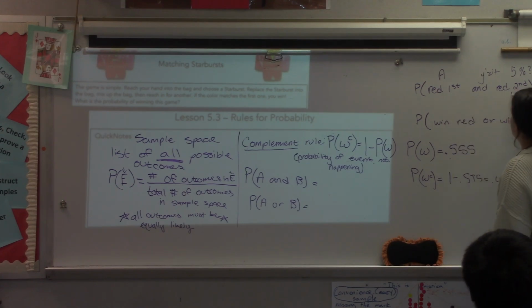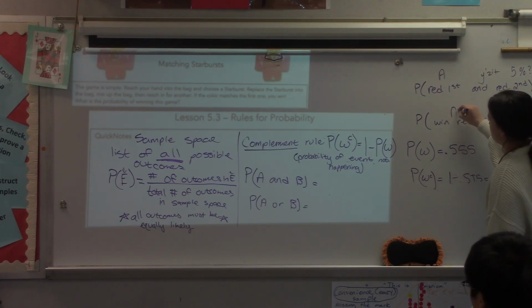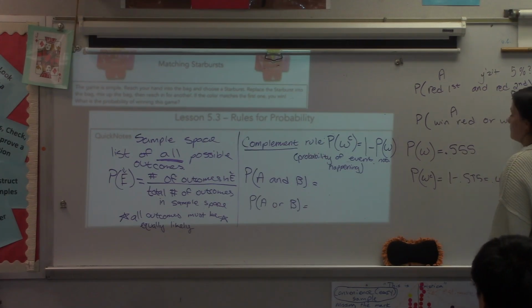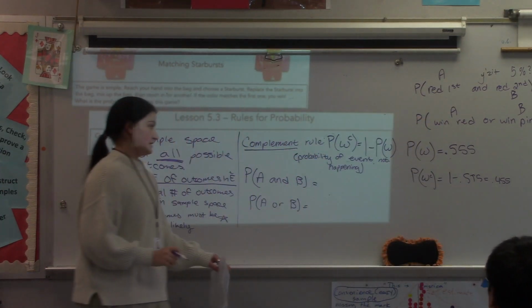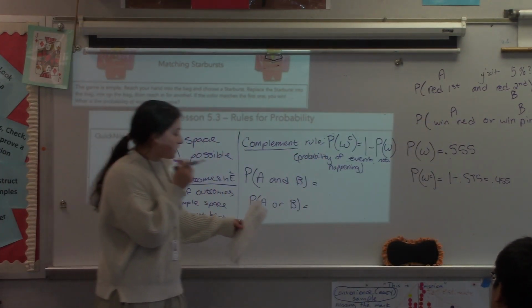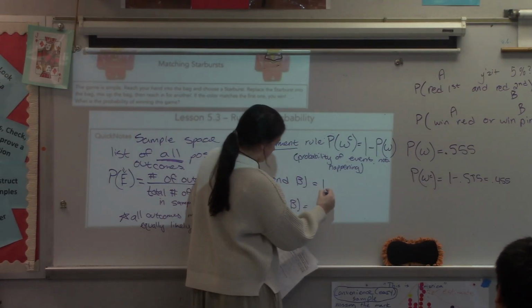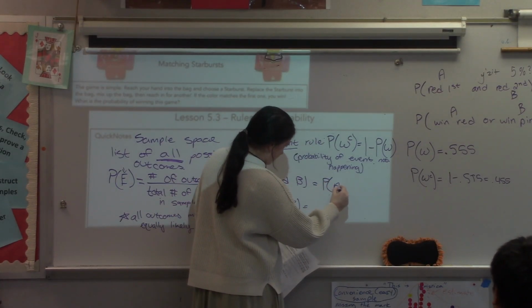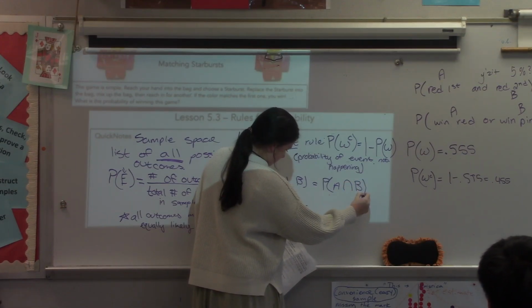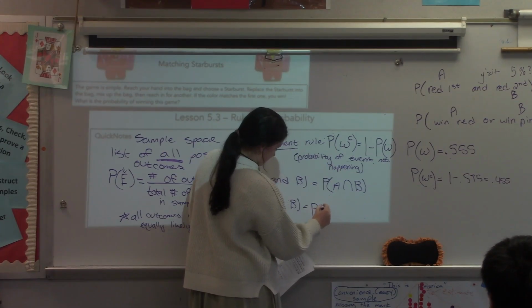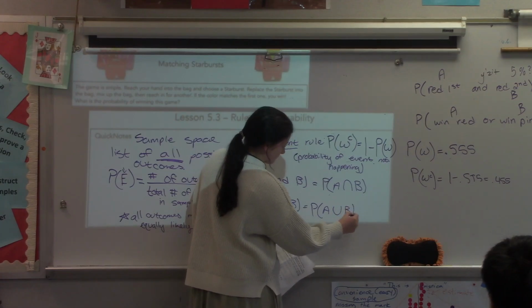So this is our A, this is our B. I'm gonna write it under there in a second so you can see it. So for and, we have probability of A and B. Probability of A or B.